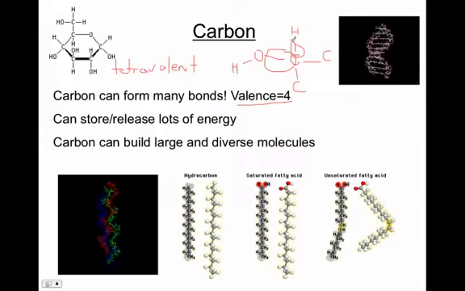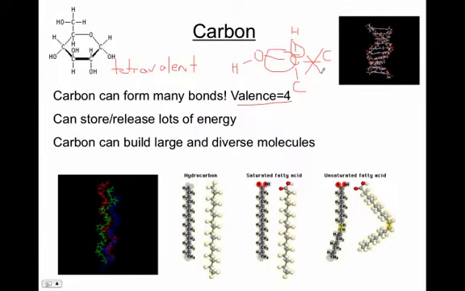When the bond forms, energy is stored within that bond, and that's a form of potential energy. When those bonds are broken, whether between carbons and carbons or carbons and hydrogens or whatever it may be, that potential energy is released and oftentimes captured by the cell and then used to do work. So carbon's ability to form many bonds allows it to store and release lots of energy.